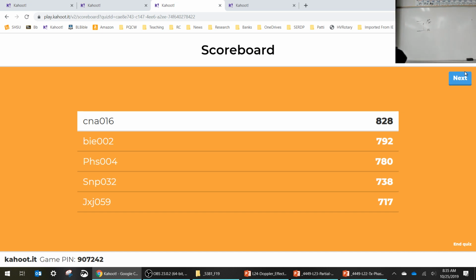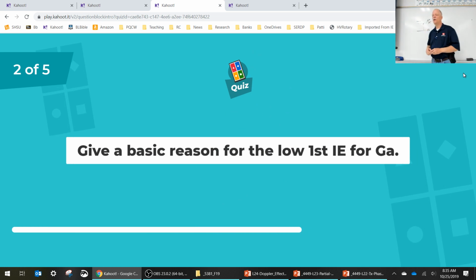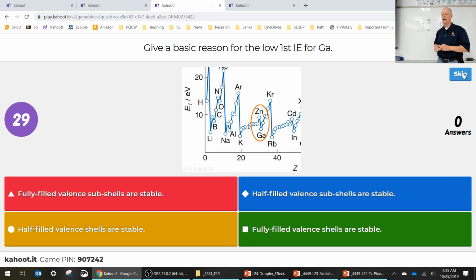Oops, gotta do it twice. Give a basic reason for the low first ionization energy for gallium. Ooh, dark. Gallium. Same choices: fully filled valence subshells are stable, half-filled valence subshells are stable, half-filled valence shells are stable, fully filled valence shells are stable.